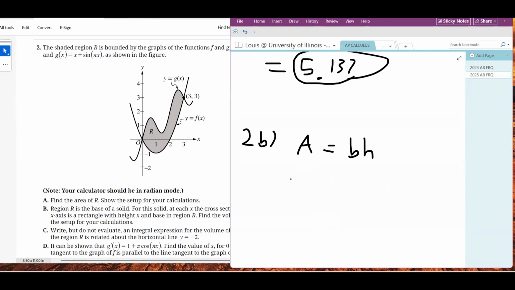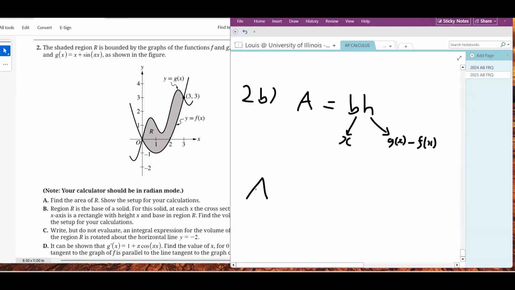And base is going to be x in this case, and the height is g of x minus f of x. And we can go ahead and set up the integral because we're adding all of this up from 0 to 3.